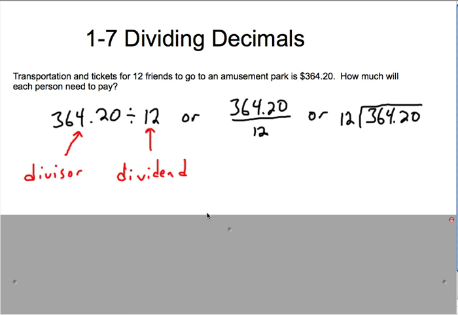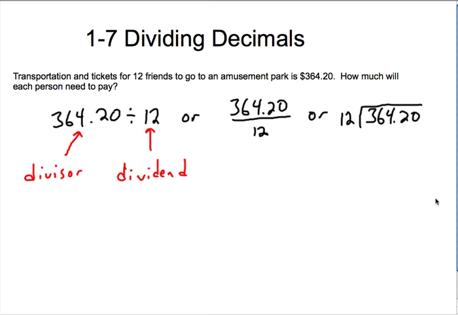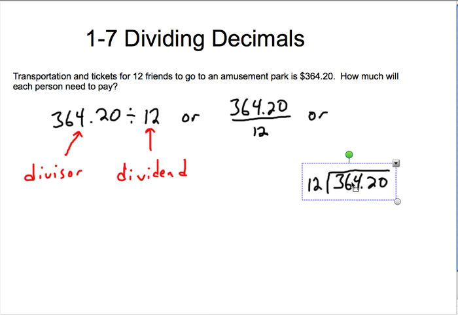Alright, back to our division problem. We've determined that we can write it in 3 different ways. I find that the easiest way to do a problem like this is using the house method. So let's bring it down, give ourselves a little more room.